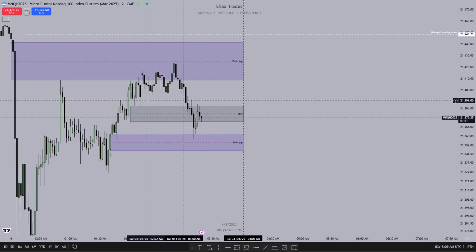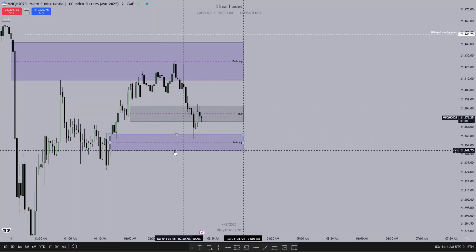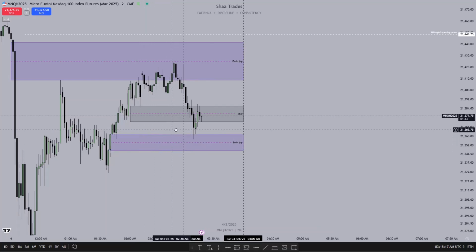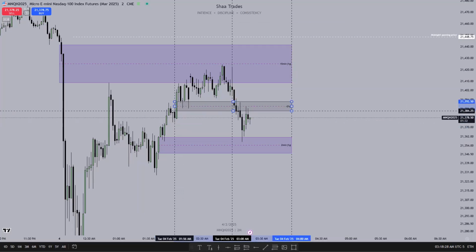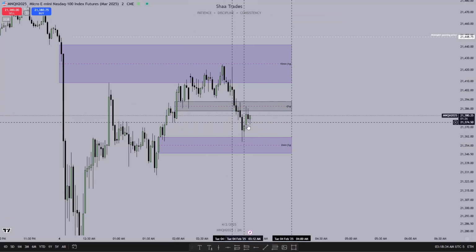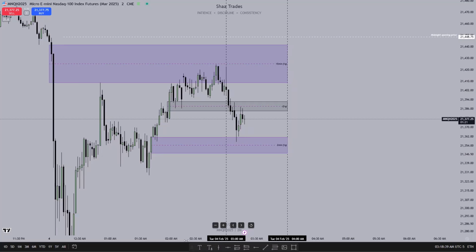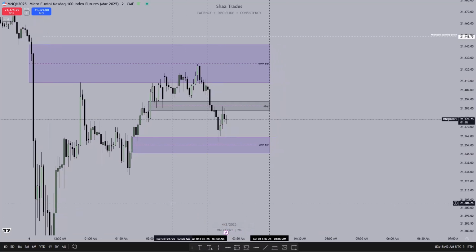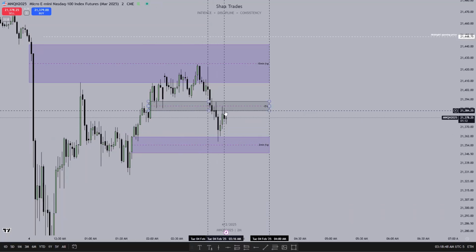I guess this was like the first inverted one here. There are a couple inverted fair value gaps here, because this one here is another inverted fair value gap, right? This is technically the first one. This is the second, this is the third. So price breaks this one, came back.